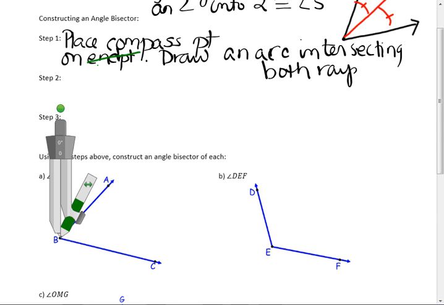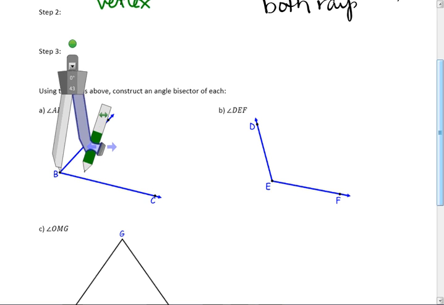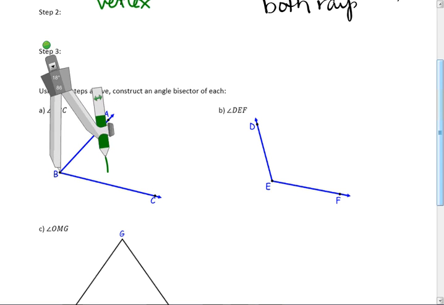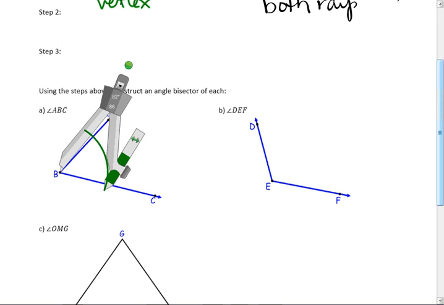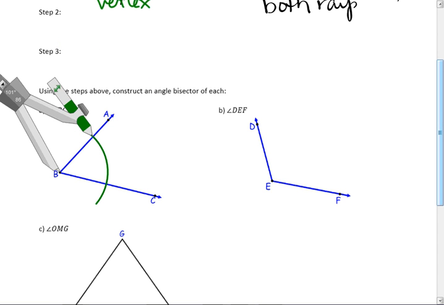I should have said vertex. Vertex is better. Okay. You ready? Open the compass up. You could do a little arc, but you're going to have a bear of a time finding it, so I'm going to make it bigger. And I'm going to draw an arc here. Kind of like copying an angle, which you probably forgot how to do.